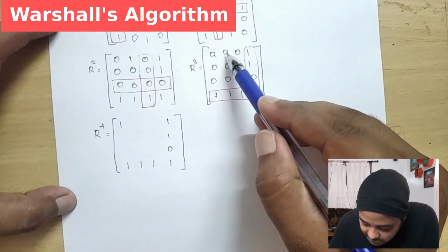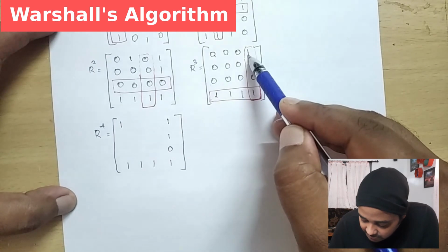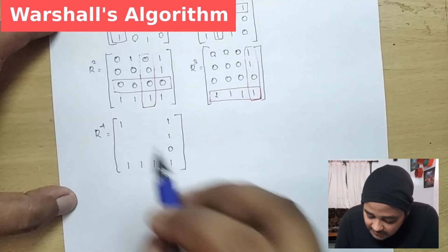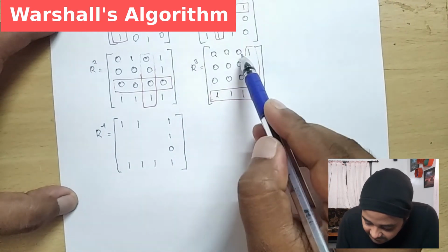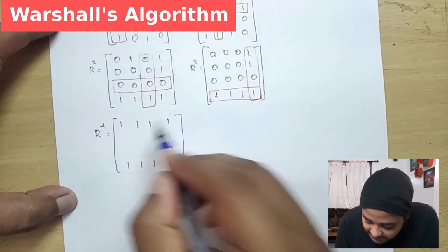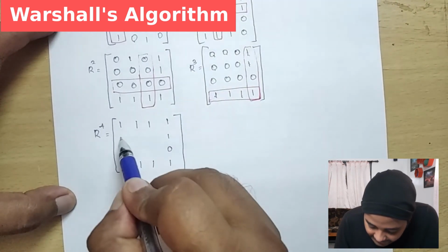Here also for this value, your highlighted column value and highlighted row value are both 1, so I'm marking it as 1. Similarly over here, both your highlighted values are 1, so I'm marking it as 1. Again here also both your values are 1, so I am marking it as 1.